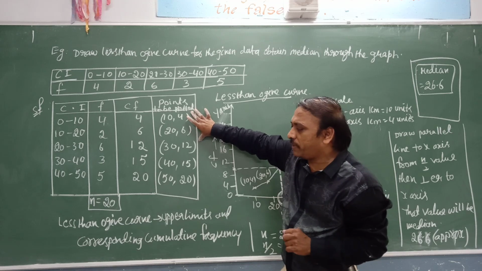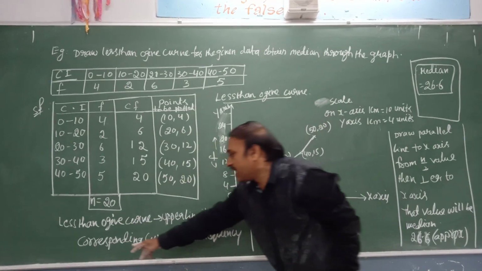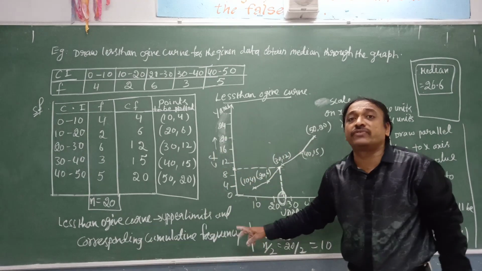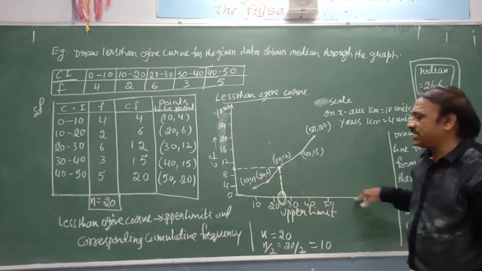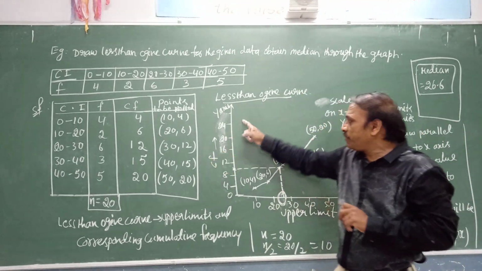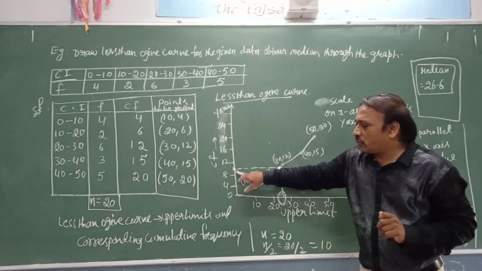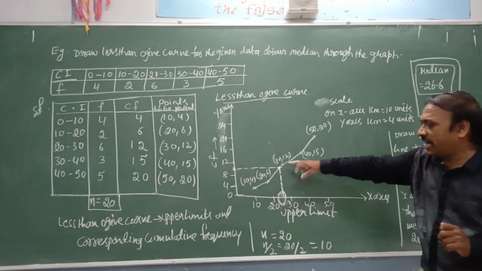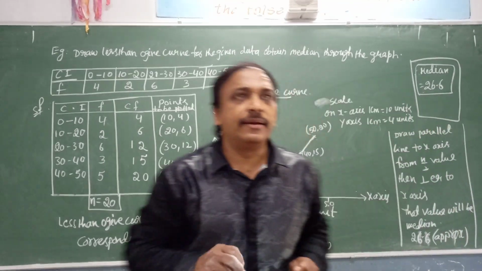Then on the x-axis take the upper limits, on the y-axis the corresponding cumulative frequencies, plot the points, join the points, calculate the n by 2 value, draw the parallel line, then the perpendicular line, and you obtain the median.